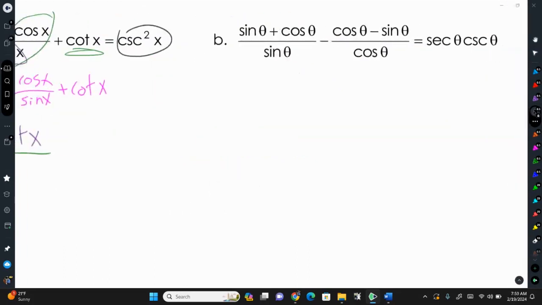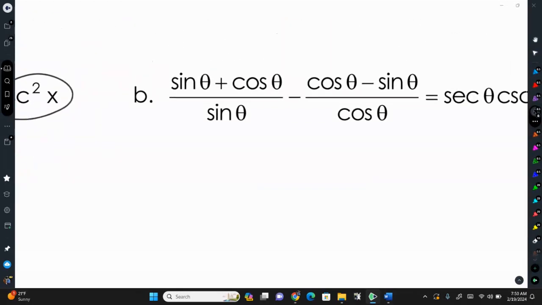Now, letter B over here, we have two fractions, and it's supposed to equal secant and cosecant, which I know is 1 over cosine and times 1 over sine. So I know that's where I'm going to be heading. I have two fractions already that I need to subtract, and one has a denominator of sine and one has a denominator of cosine.